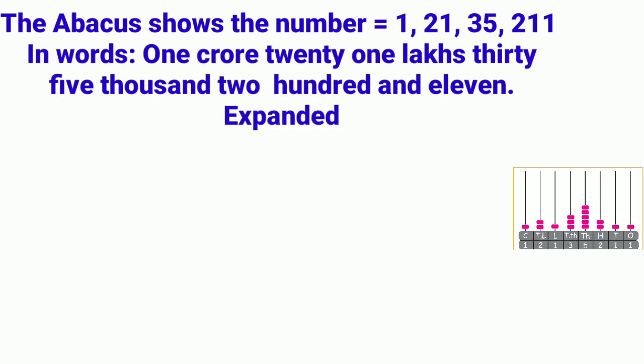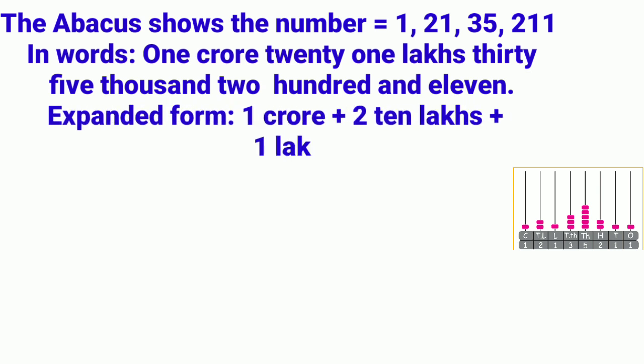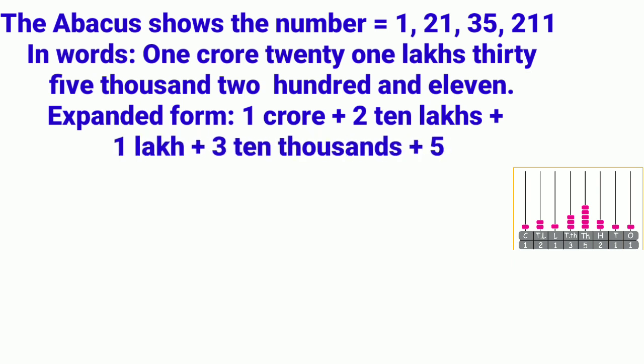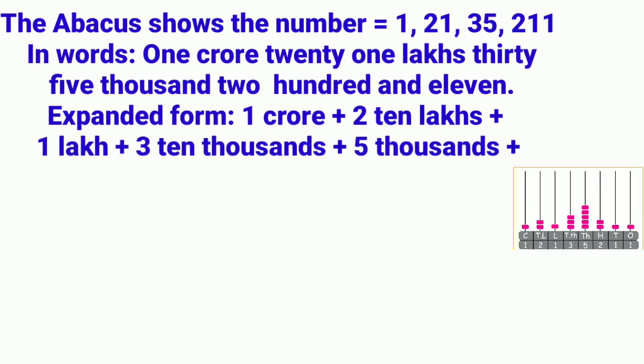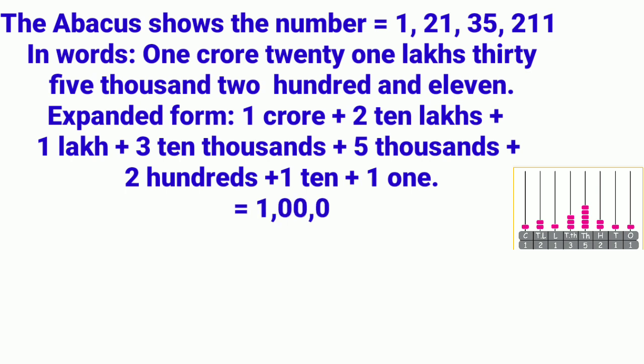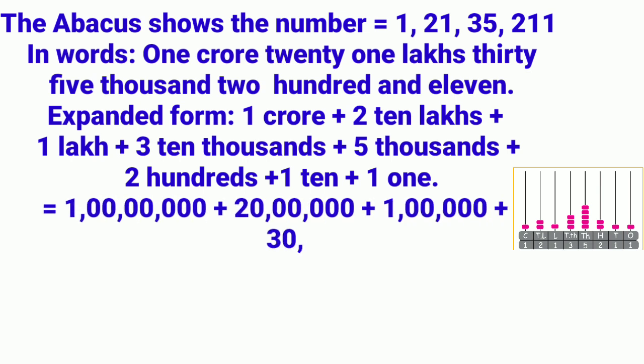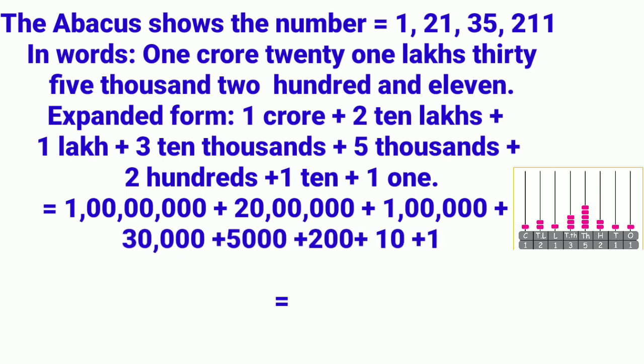Write the expanded form: 1 crore plus 2 ten lakhs plus 1 lakh plus 3 ten thousand plus 5 thousand plus 2 hundred plus 1 ten plus 1.